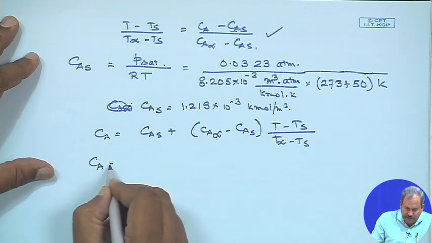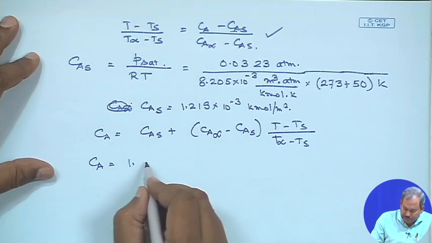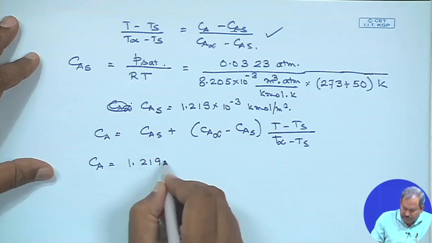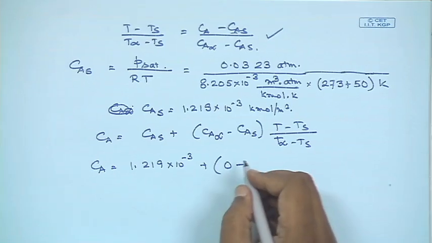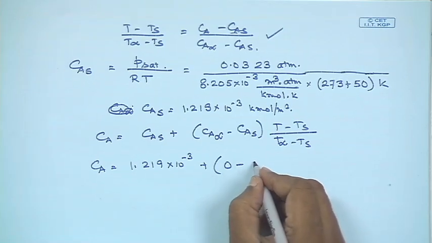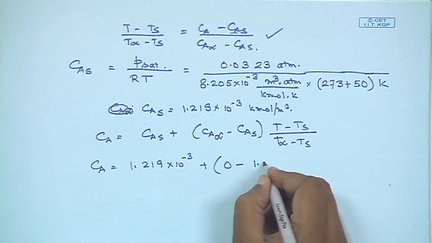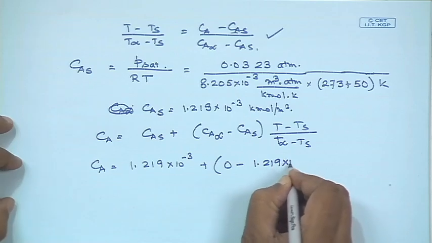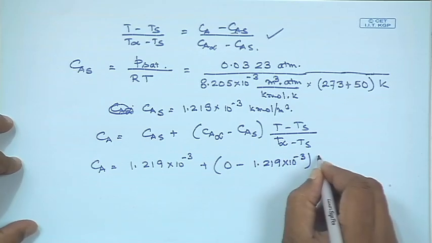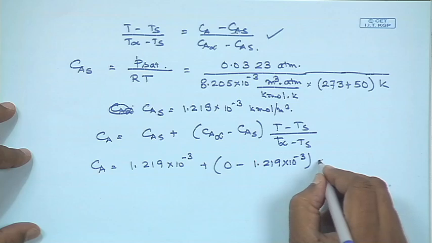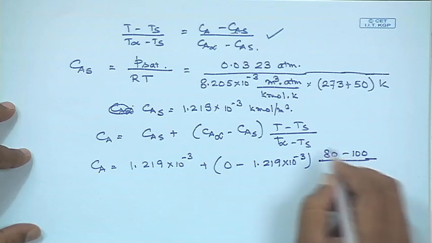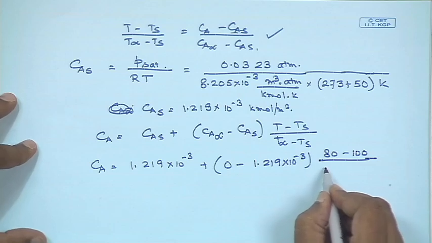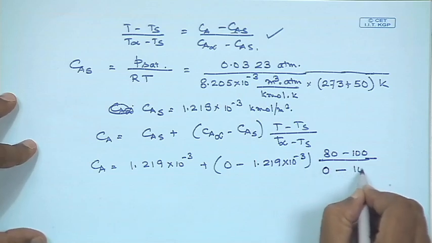So, therefore, your C A is this C A s, plus C A infinity at a point far from the wall. Temperature was measured to be 80 at that location, T surface is 100 and T infinity is 0, and Ts is 100.